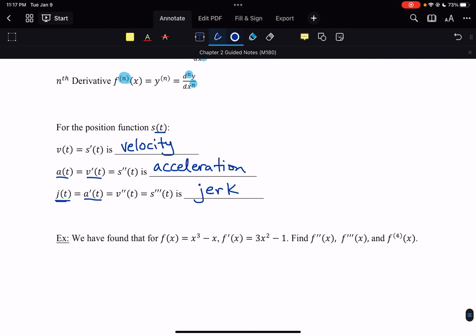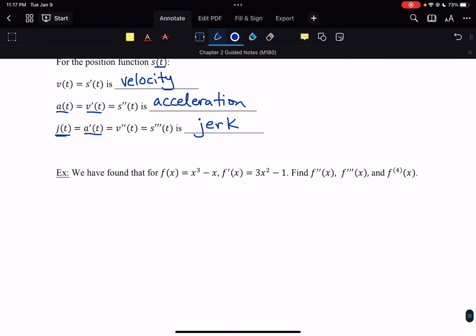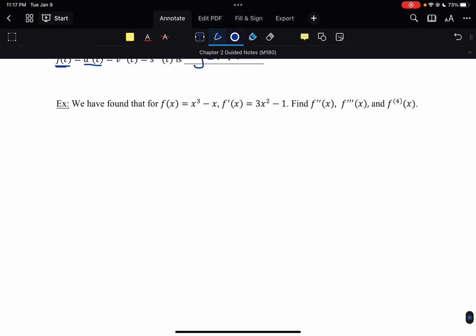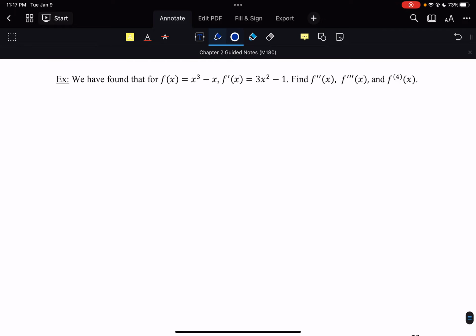So looking at an example that we've already kind of started here. Earlier we found f prime of x for this function. Now we're going to find these next few derivatives. So for f double prime of x, that is f prime prime of x. It's the derivative of the derivative. So we're starting here at the derivative now.